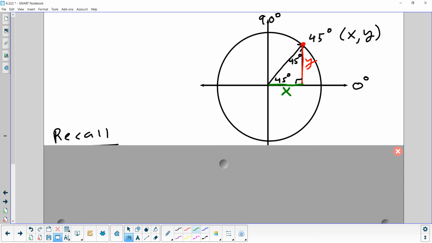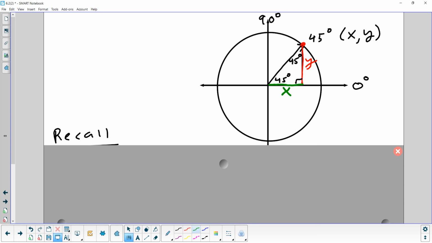So isosceles not only means you have two angles that are the same, you also have two sides that are the same. Which two sides are going to end up being the same in that triangle? Yeah. The x and the y. Yeah, the x and the y really are the same. So technically, we don't need different letters. We could call them both the same letter.